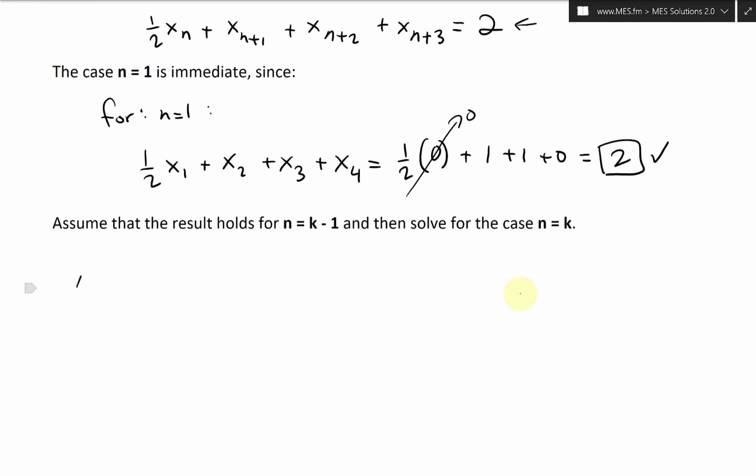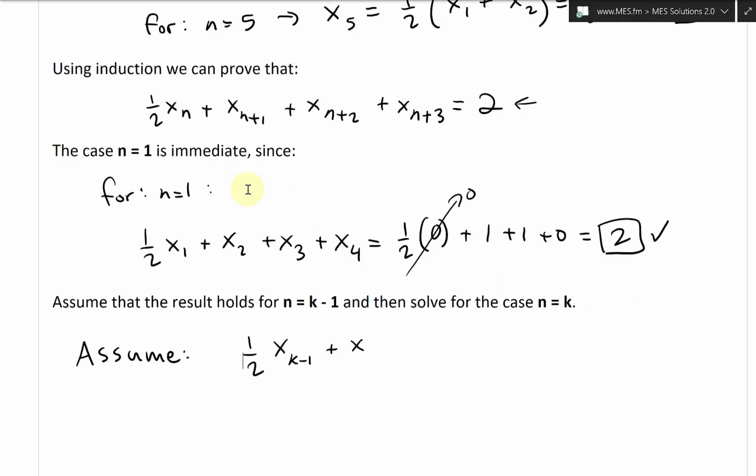We assume that for k minus 1, 1/2 times x of k minus 1, plus x of k, plus x of k plus 1, plus x of k plus 2 equals 2. So assume it's true for that.